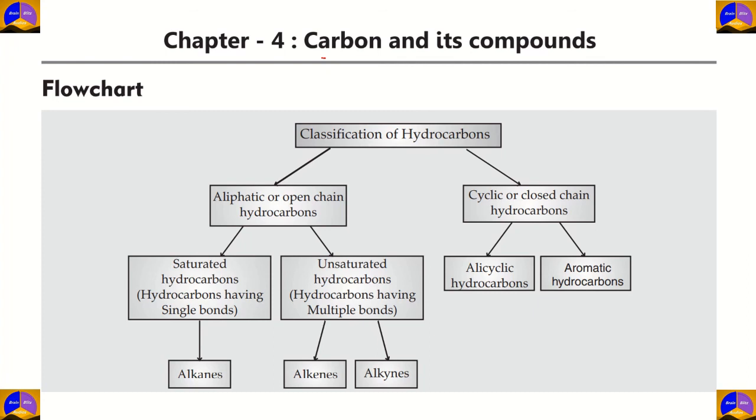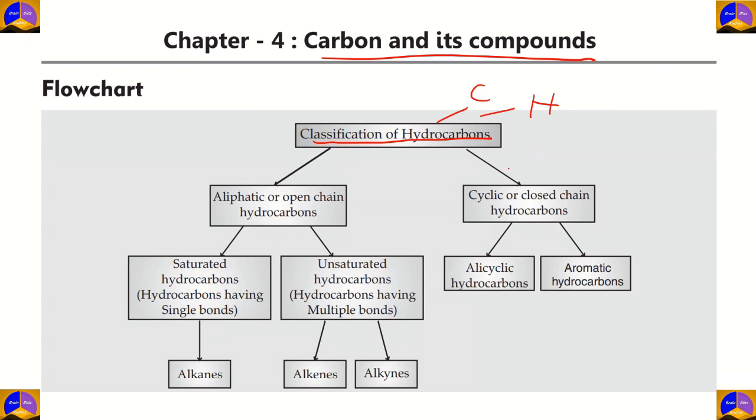In carbon and its compounds, the most important part is the classification of hydrocarbons, which contain only carbon and hydrogen atoms. As we have said earlier, hydrocarbons are classified into aliphatic and cyclic.